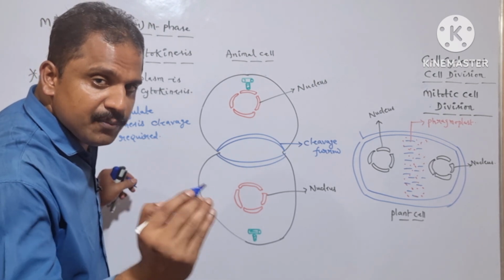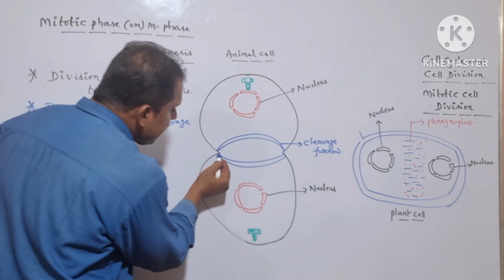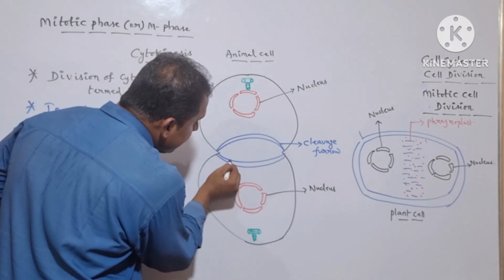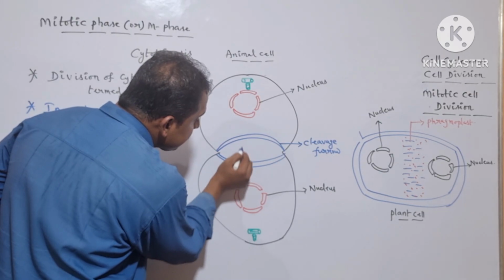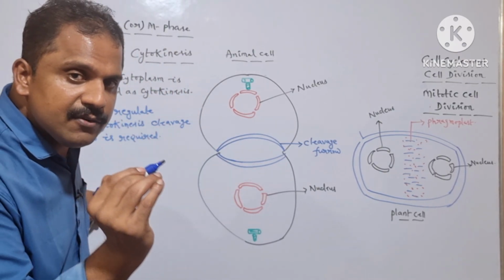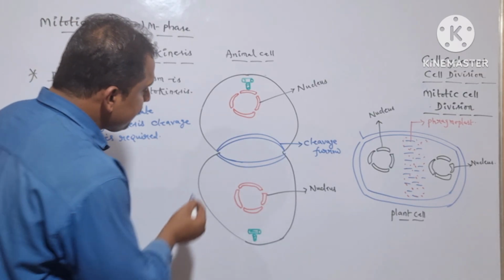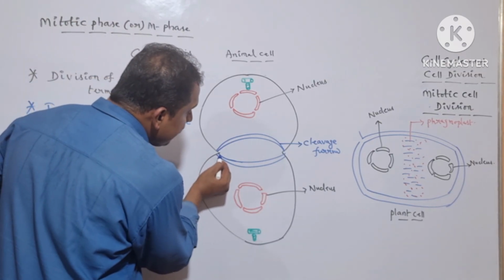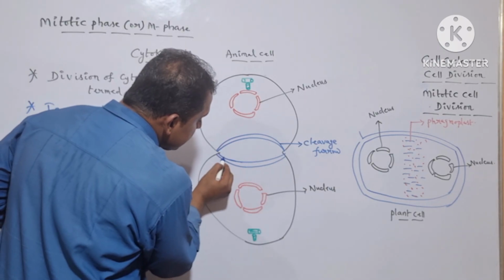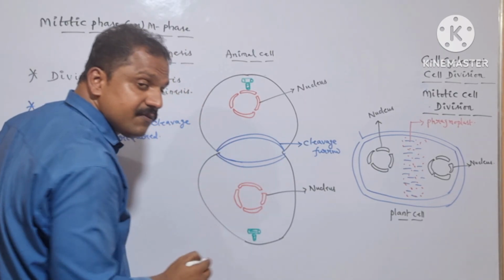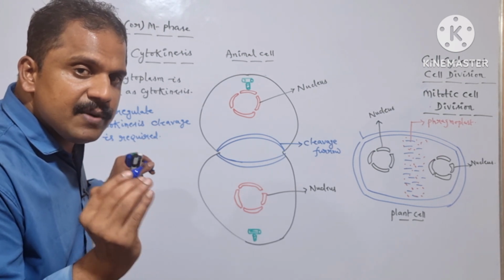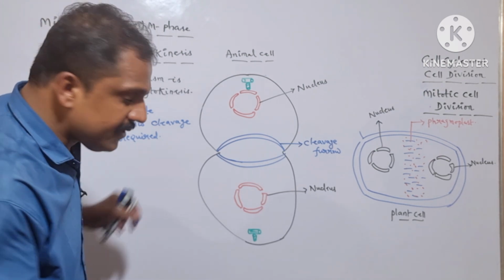Once the cleavage furrow undergoes deepening, it successfully joins at the center and is responsible for the division of the cytoplasm into two daughter cells. Is it clear?